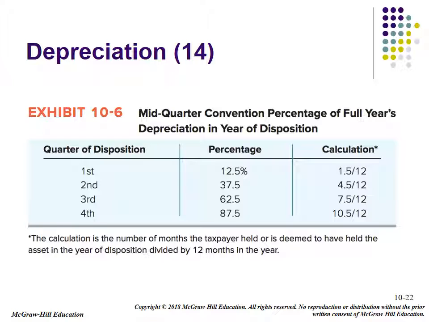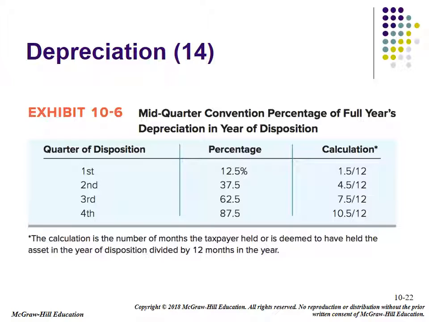Well, if you sell an asset in the first quarter, you're only allowed to take 1.5 months' worth of depreciation. So that would be 1.5 months divided by 12. So you break down that yearly depreciation into months and only take 1.5 months of it for half a quarter. If you sell the asset in the second quarter, you get 3 months and 1.5 months.